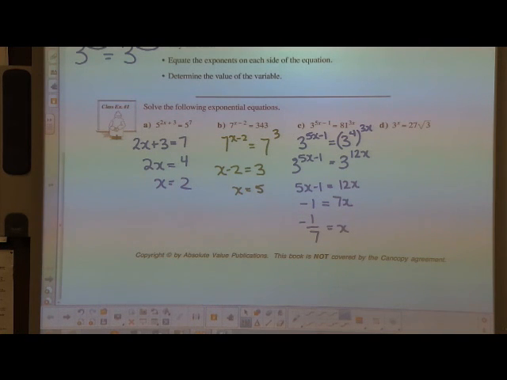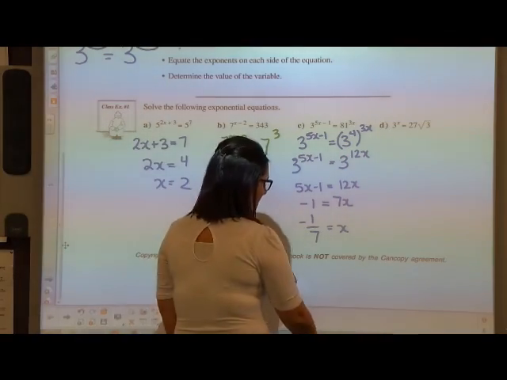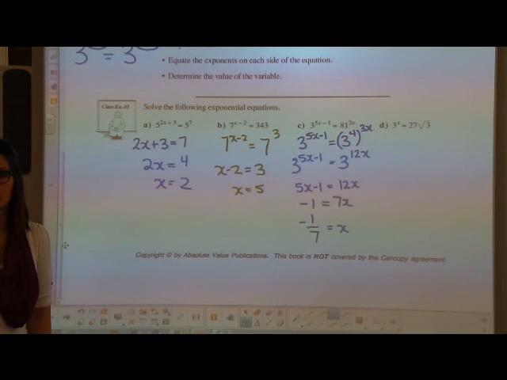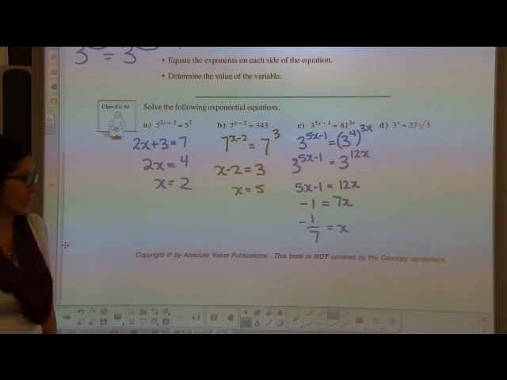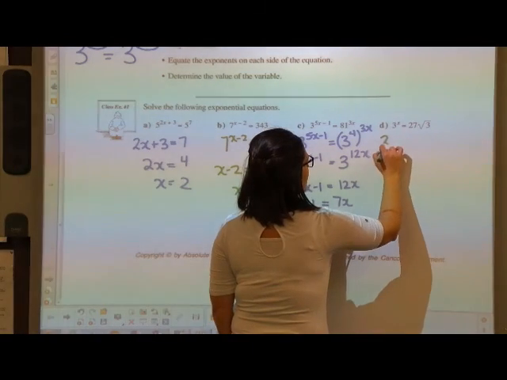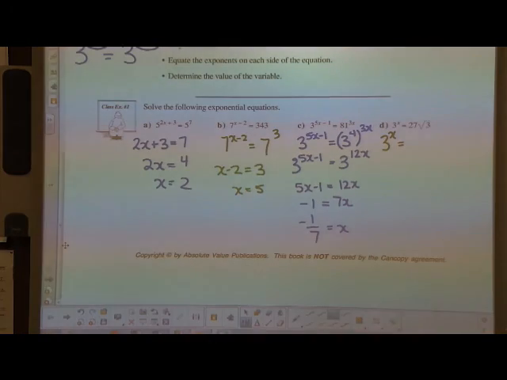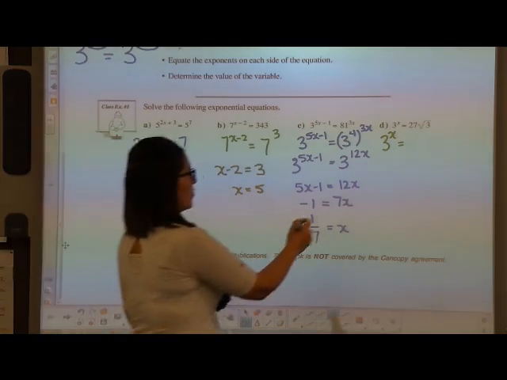Take a look at D. What is my common base that I'm going to use with D? So 3x will stay as it is. What will 27 become? 3 cubed.